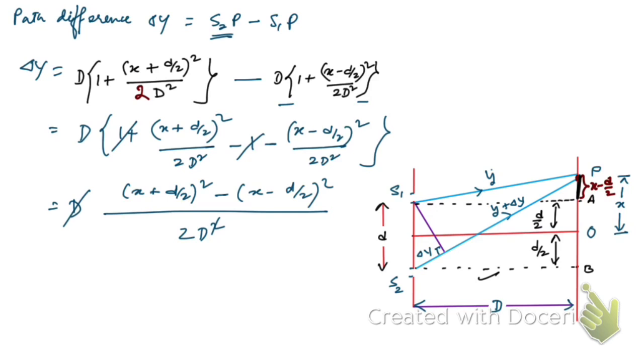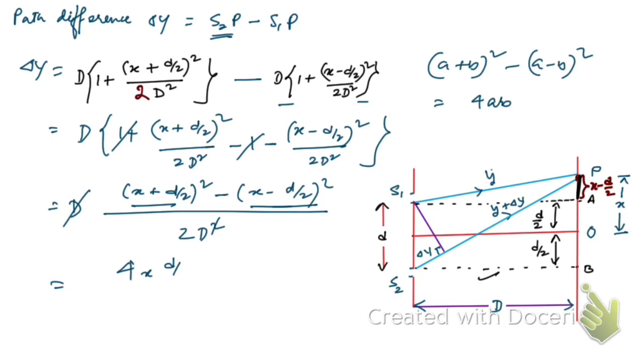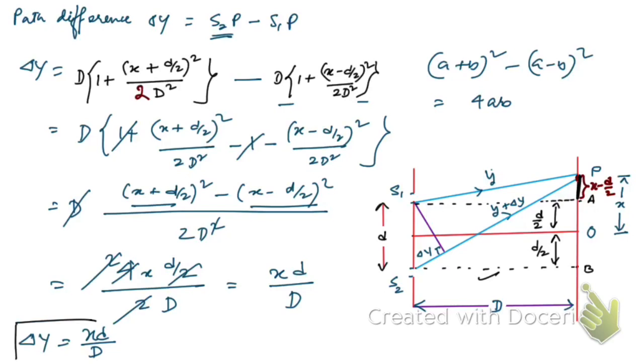So here we're gonna get 2d only, and we know that a plus b whole square minus a minus b whole square gives you 4ab, right? Hope you know these things. So if we apply this here, we're gonna have 4x d by 2 by 2d, right? So here 2 cancels this, and this 2 cancels this 2. So here x d by capital D, that's what we have got, right? So here is the path difference that we have got.